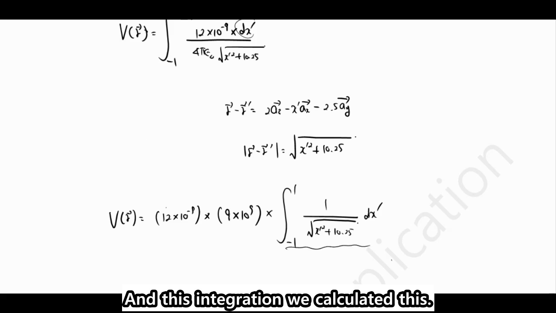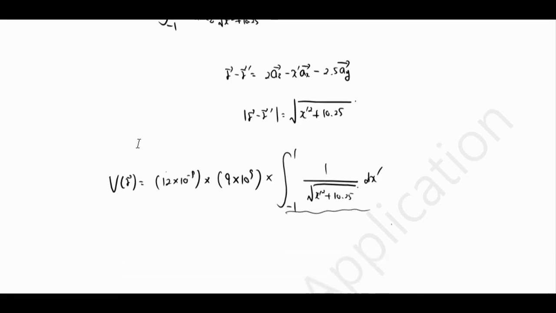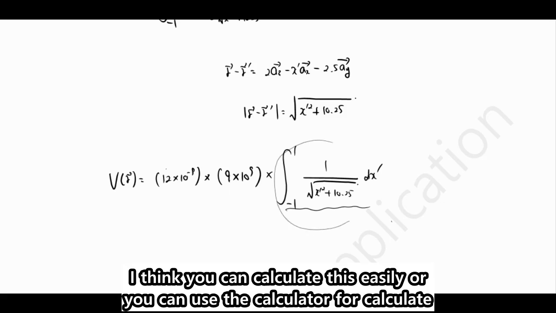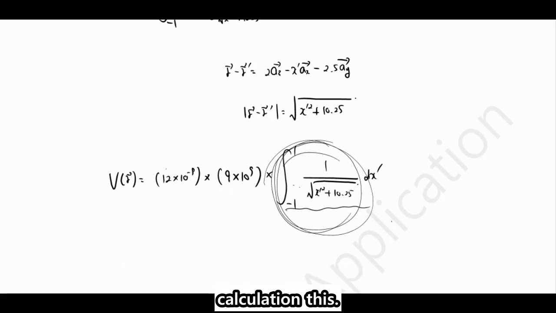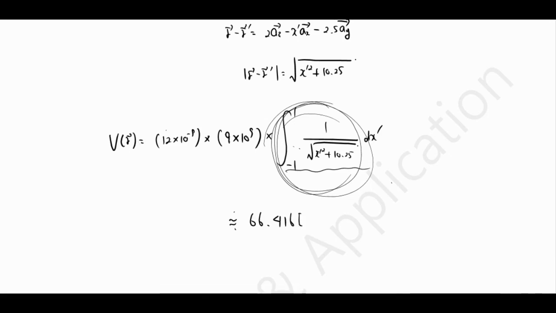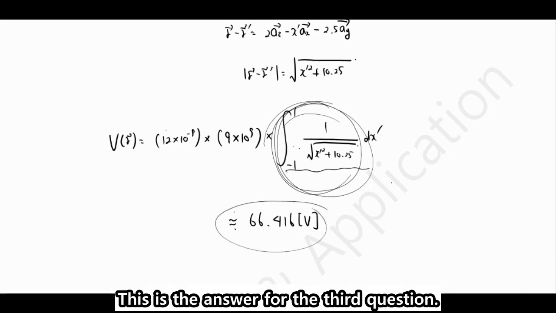This integration, we calculated this. I just write the result. I think you can calculate this easily, or you can use a calculator. So the result is 16.416 volts. This is the answer for the third question.